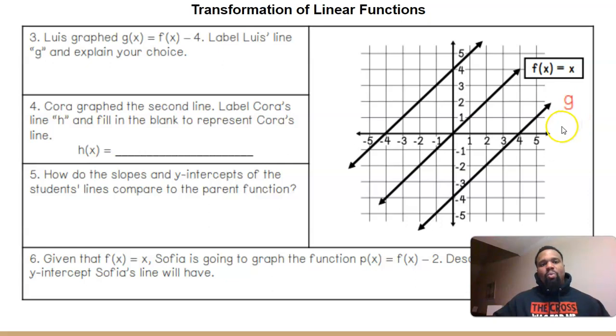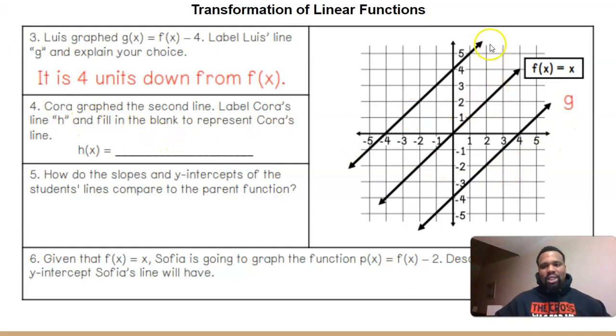And what does that mean? We shift 4 units down from our parent function. Cora graphed the second line. So this is the second line, h. All right. Fill in the blank. So if this is my parent function, I move up 4 units. So instead of it being f of x minus 4, it's going to be f of x plus 4.